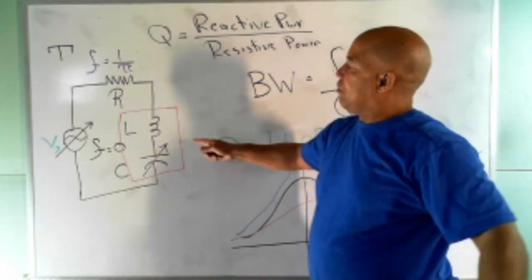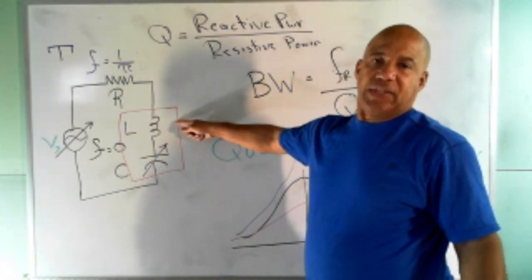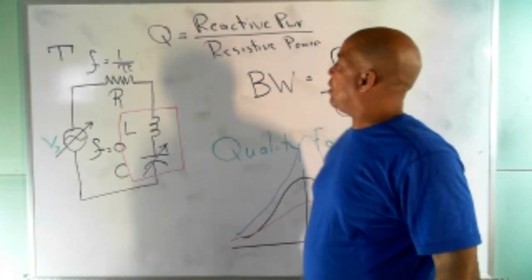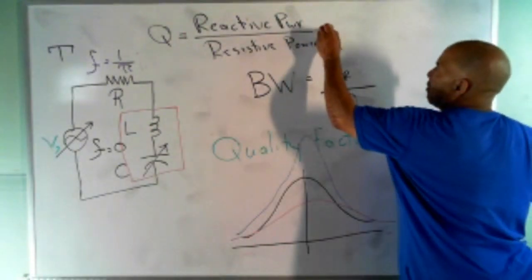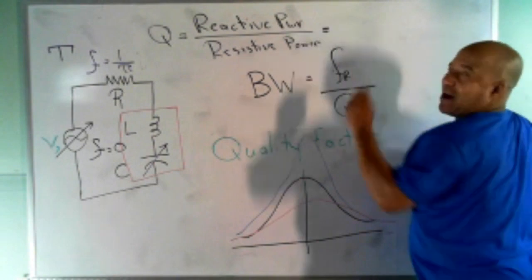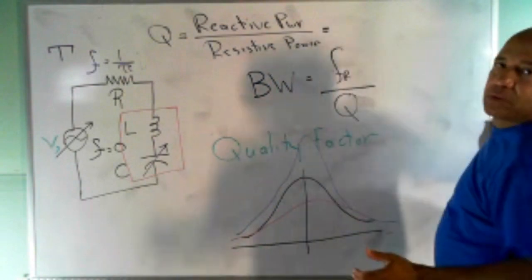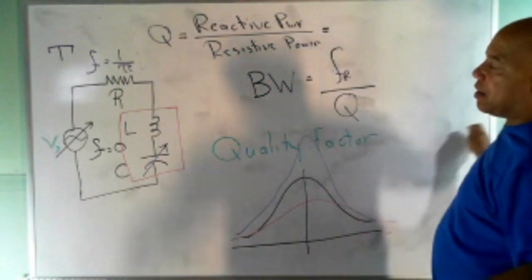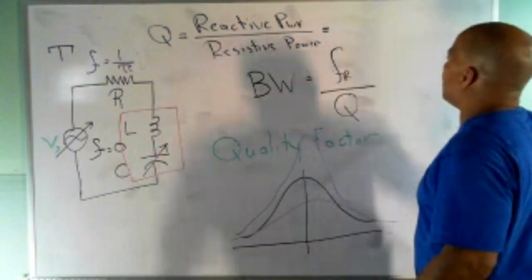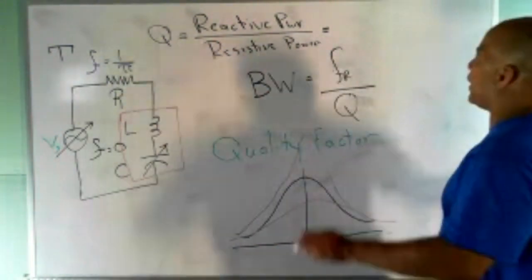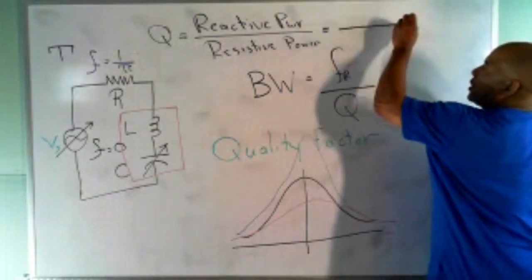For this circuit, we always use the coil. When I say reactive, we just use the coil. I don't know why they use the coil, so don't ask me that. They always use the coil, not the capacitor. I probably should know why. They probably taught it to me in school, but I probably skipped college the day they taught that, knowing me. Anyway, it's a ratio for this circuit.